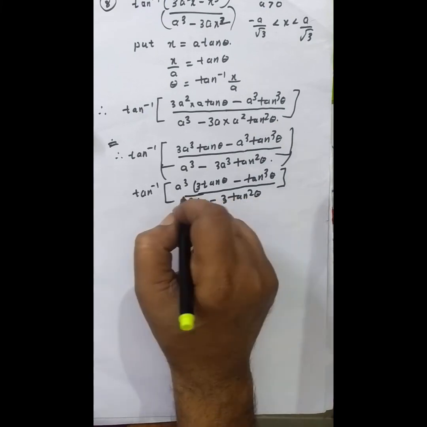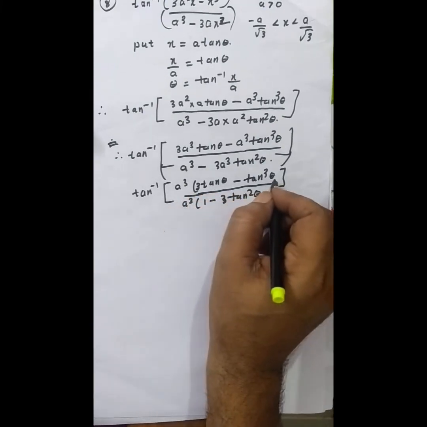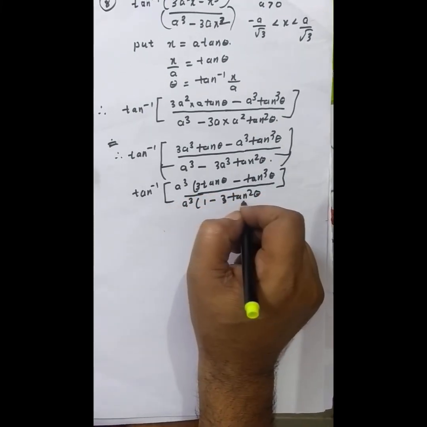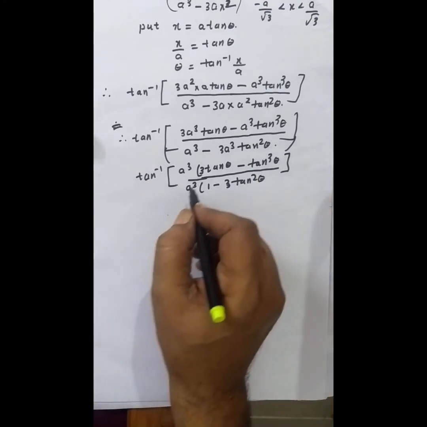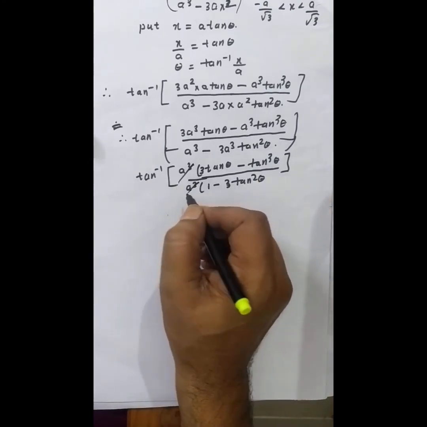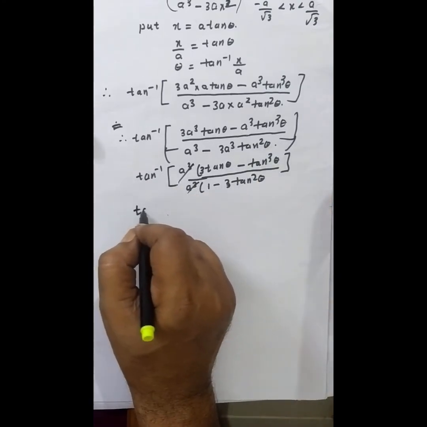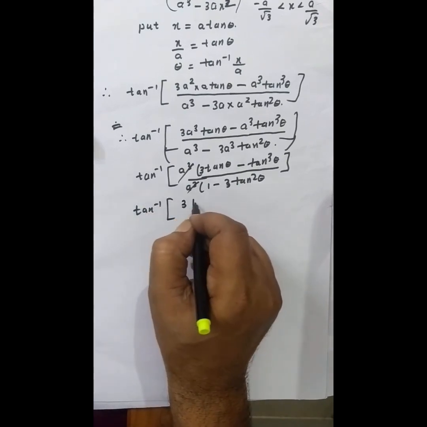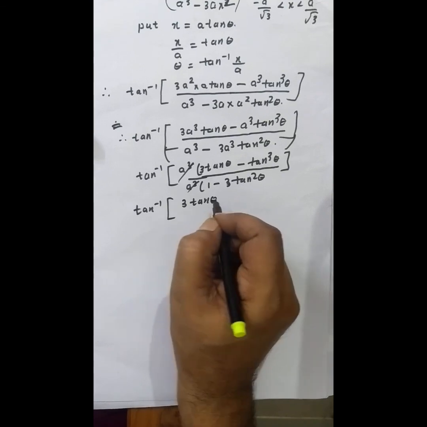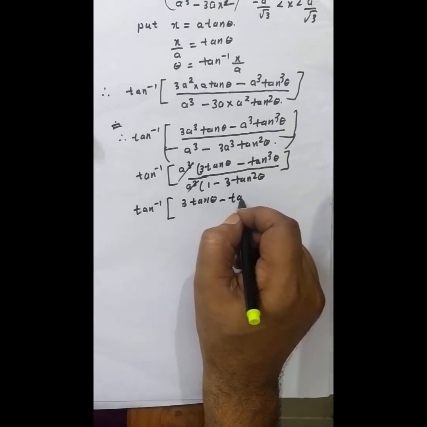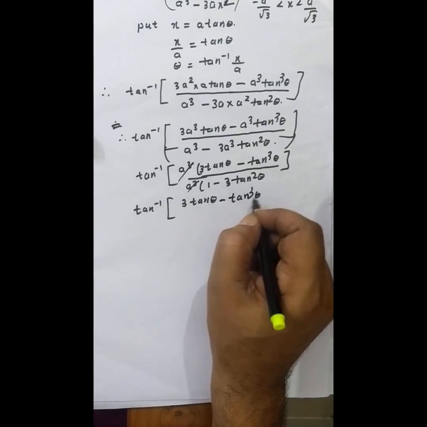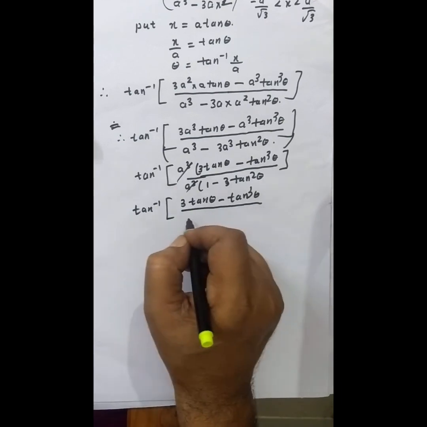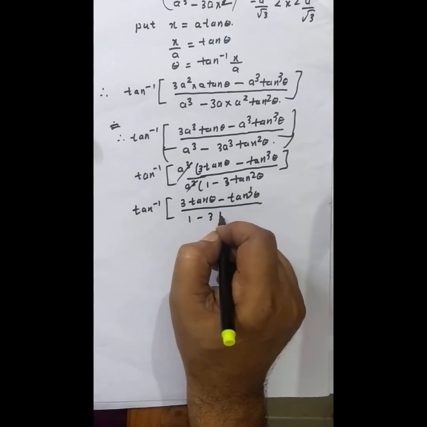We will be left with a cube into bracket 3 tan theta minus tan cube theta divided by 1 minus 3 tan square theta. So this a cube will get cancelled. So we will be left with tan inverse of 3 tan theta minus tan cube theta divided by 1 minus 3 times tan square theta.